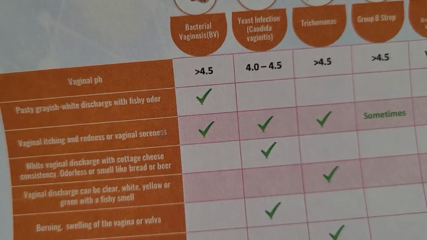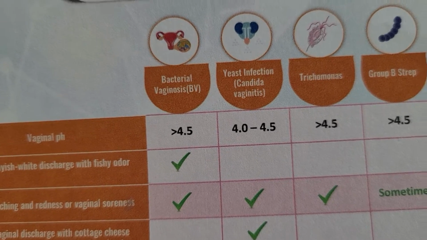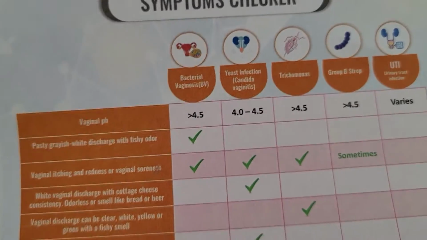So if you're having the symptoms that match up with a yeast infection, and then you get a vaginal pH result that's 4 or 4.5, then you know that it's most likely a yeast infection.